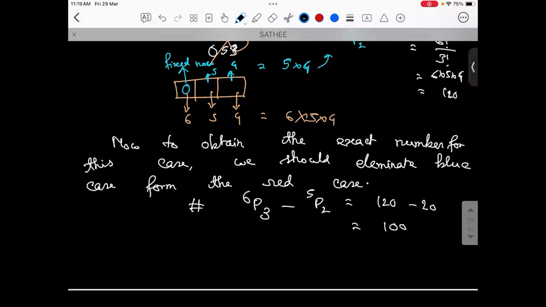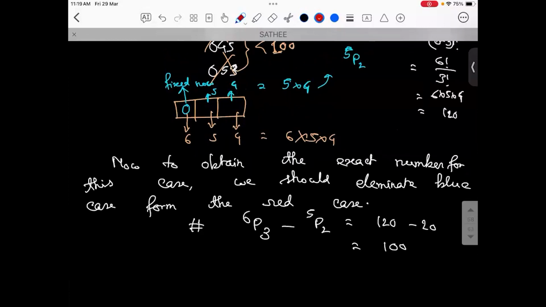Why 120? 120 because this red will give us 120 and this blue will give us 20.